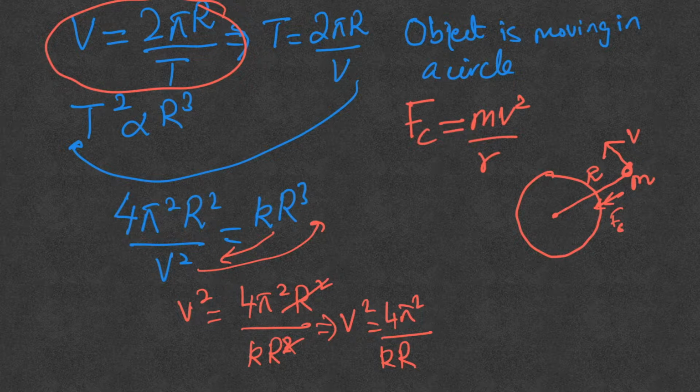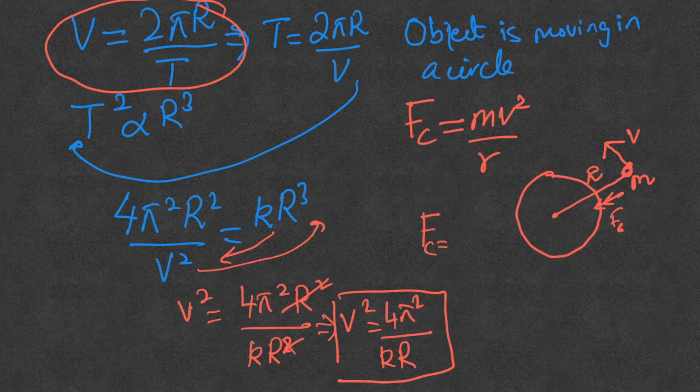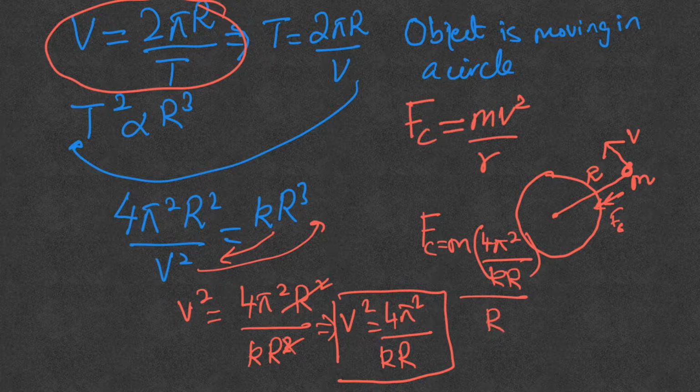Now, let's pick up this relationship and put it instead of Fc. So Fc is equals to, by putting it instead of Fc, I meant put it in v square. So Fc is equals to m into, now instead of v square, put this, so you'll get 4 pi square over kr, bracket shut, divided by another r.